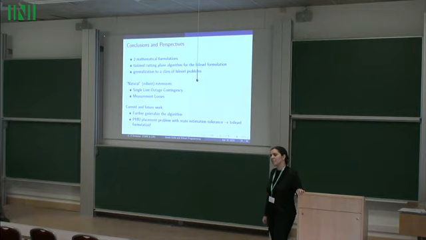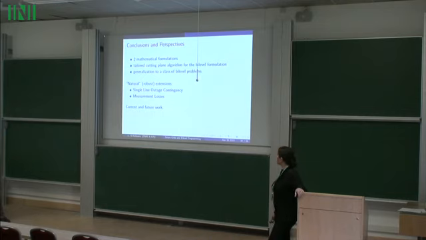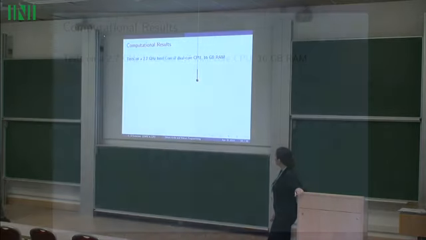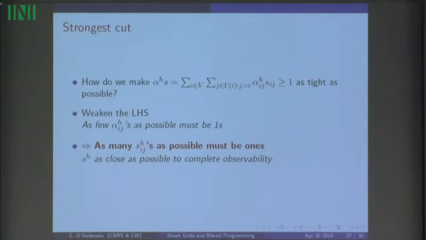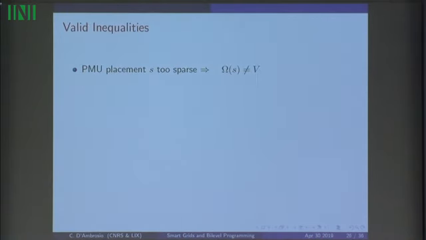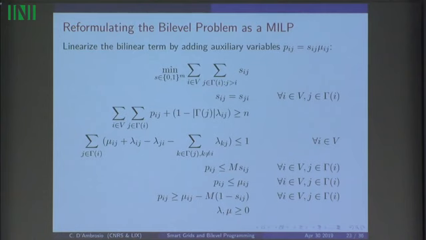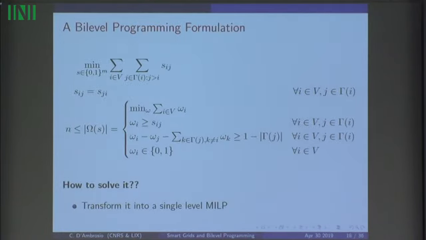Can you comment a little bit on how this would complicate your analysis if you were to basically say, whenever I place a PMU on an edge, I'm basically placing PMUs on two ends and not just one end? Two ends, okay, let me think. Well, I think that probably you are going to have further constraints on the, sorry, I will go back to the bilevel.